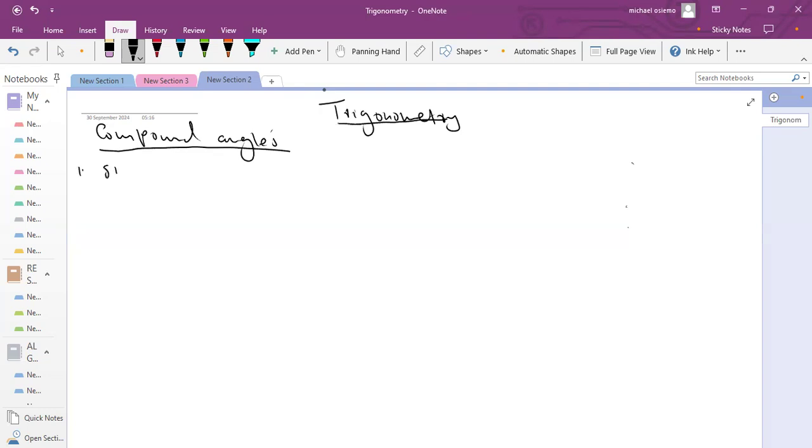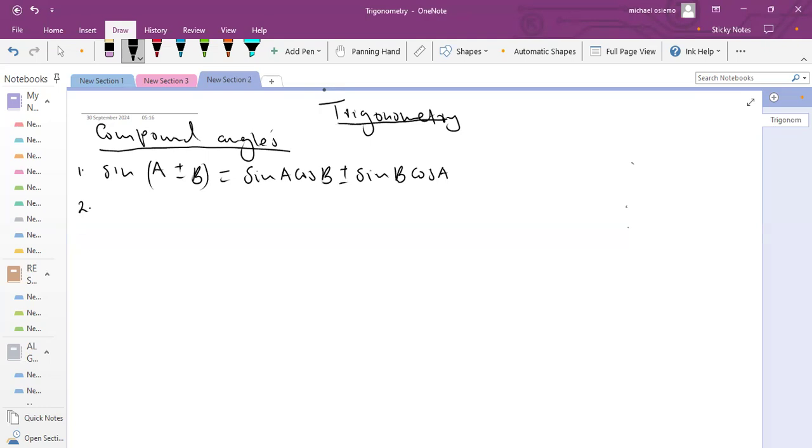Number one, sine A plus or minus B is equal to sine A cos B plus or minus sine B cos A.